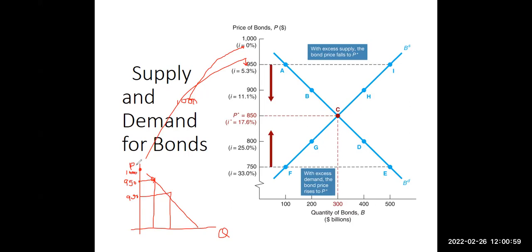And along with the price of the bond, you also have the calculation of these interest rates. How much is the return on a $1,000 bond when you get it for 950? It is 5.3%. And what will be the return on the $1,000 bond if you are buying it for 900 rupees?